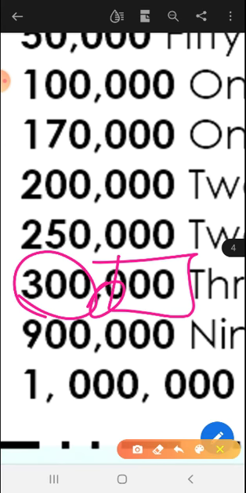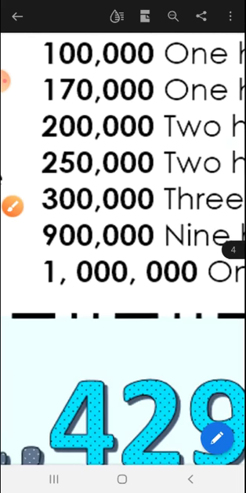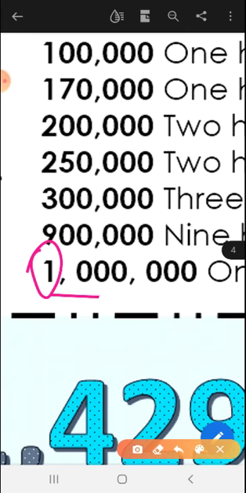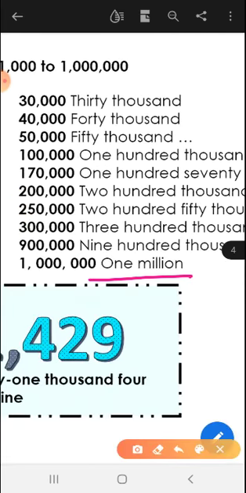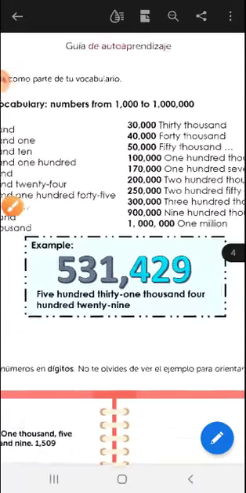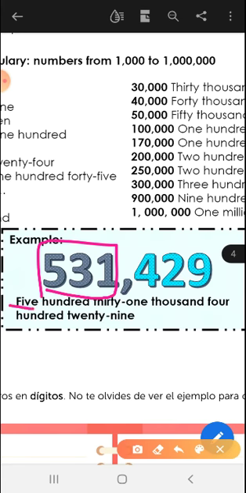300,000, okay? 900,000. And here, 1,000,000. Okay, now let's do this example. Let's practice with this example. You say this number, 531.